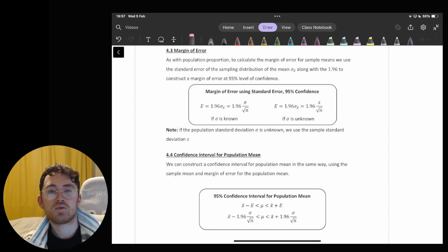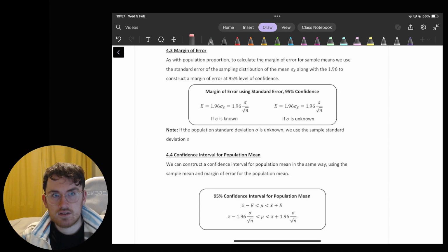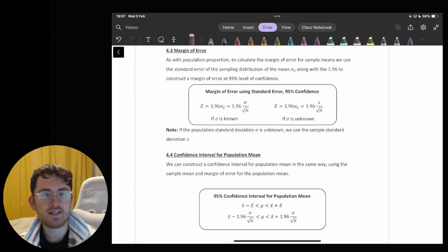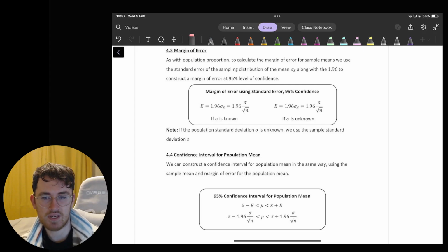So we look at the standard error. For this distribution, how wrong do these sample means tend to be? On average, how far are these sample means from the true population mean?